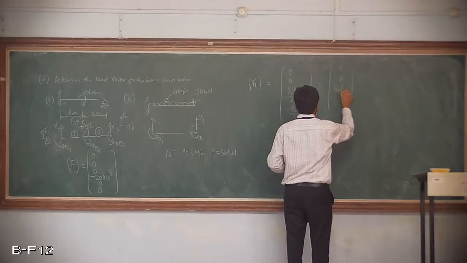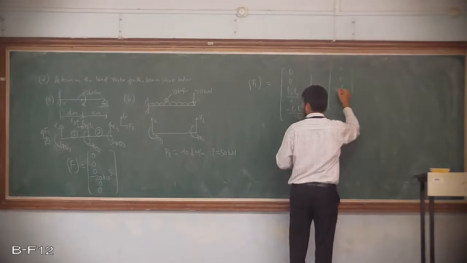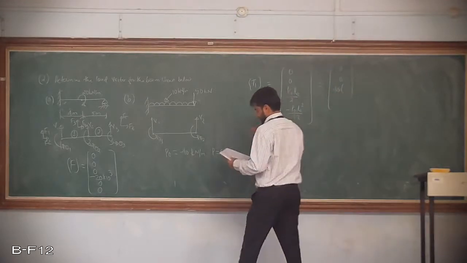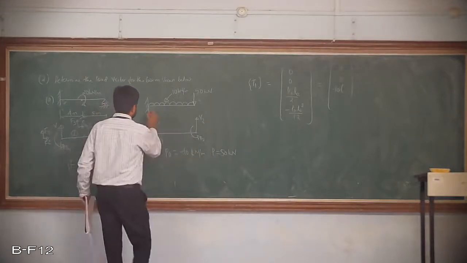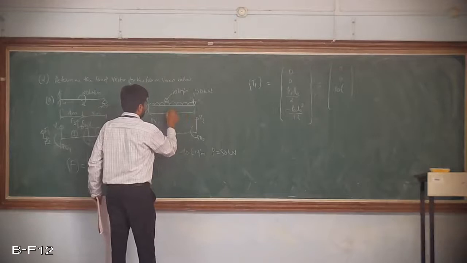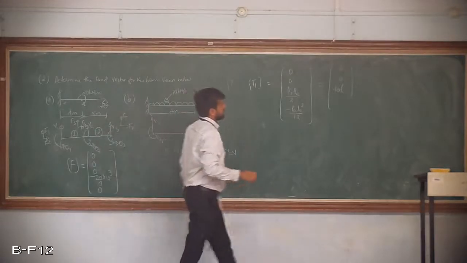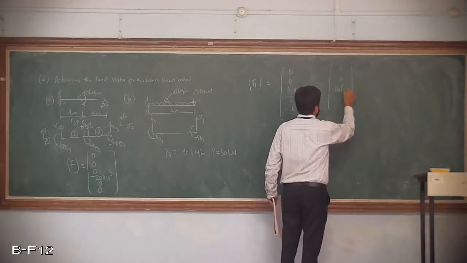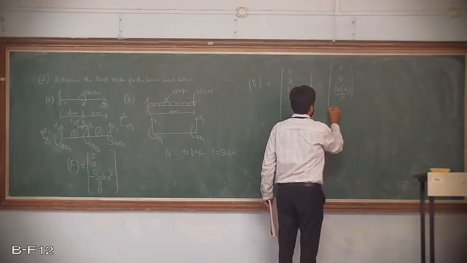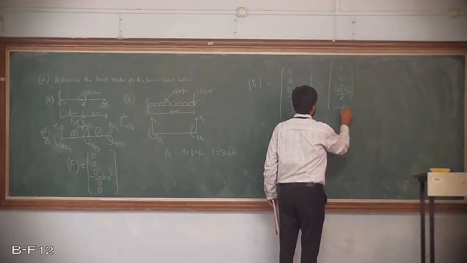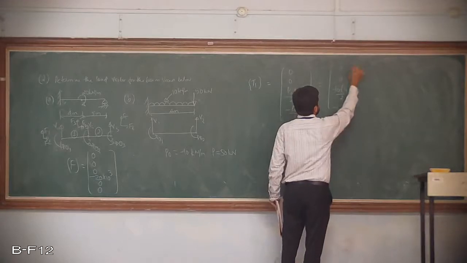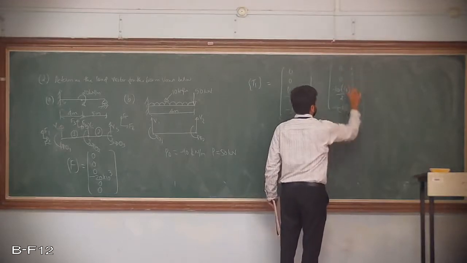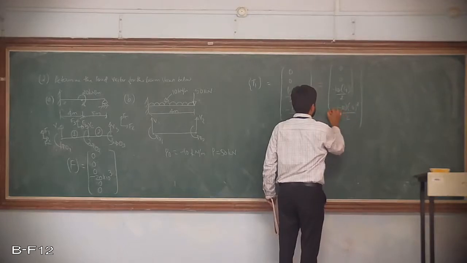Minus 10 into LE. The length is not given, so the length is 4 meter. So minus of minus 10 into 4 square divided by 12.